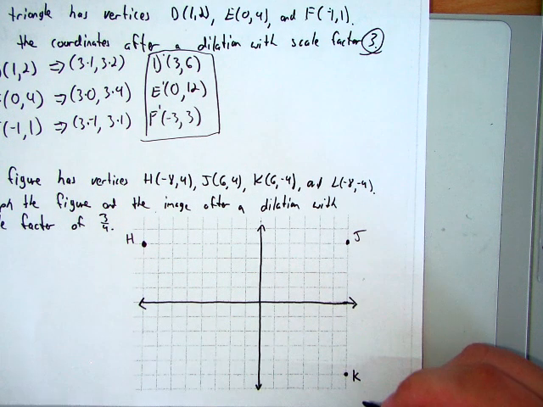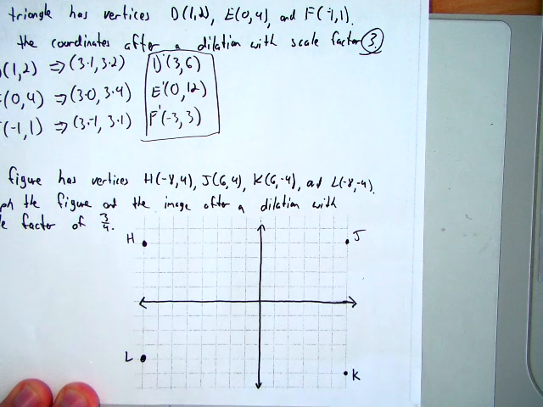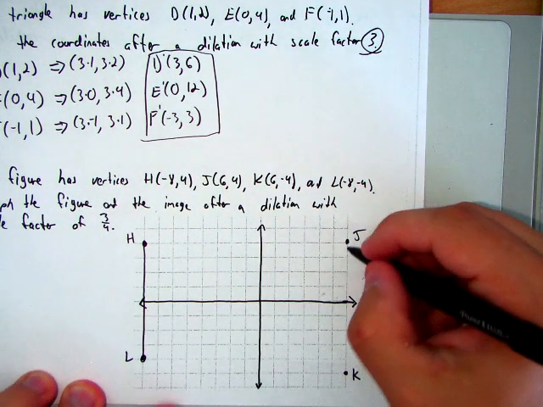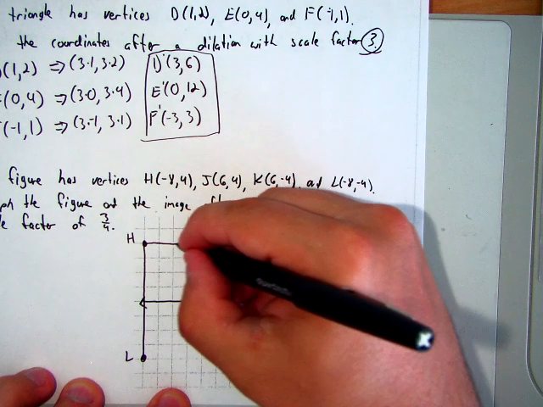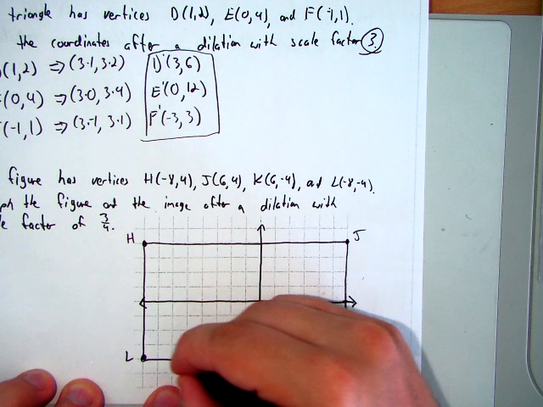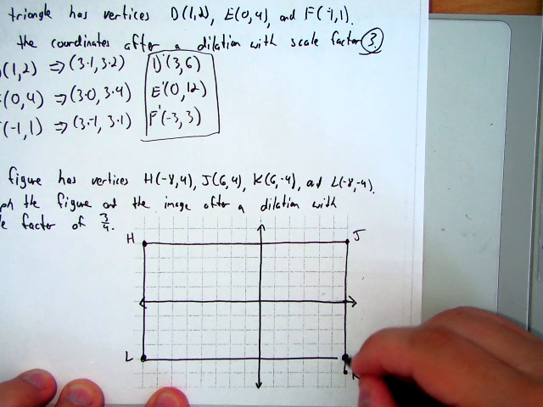That's K. And then L is at negative 8, negative 4. And that's right there. So my rectangle now looks like this.